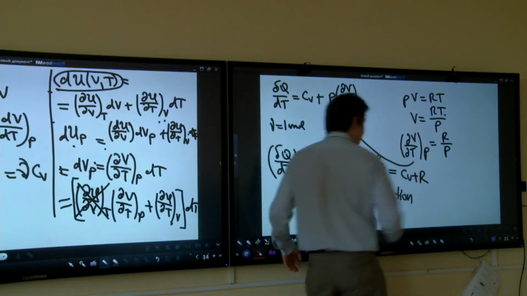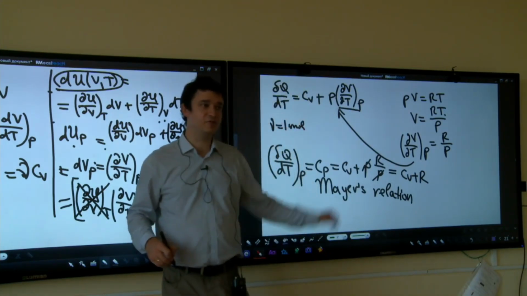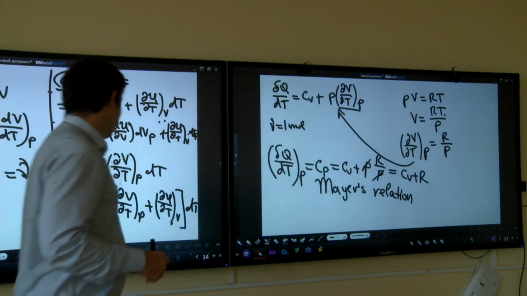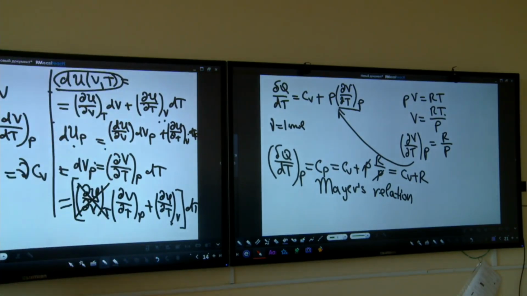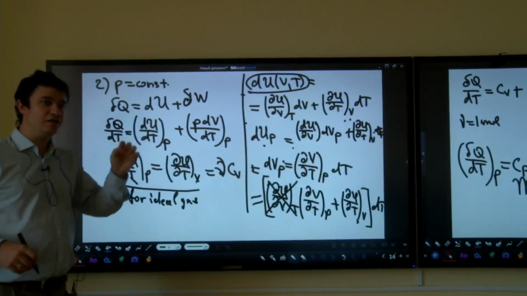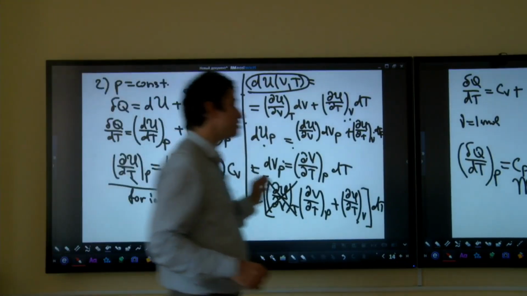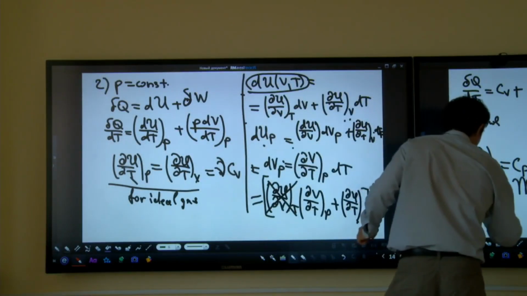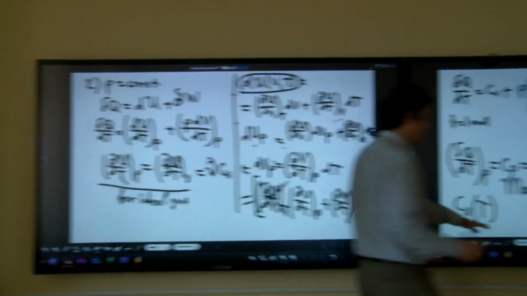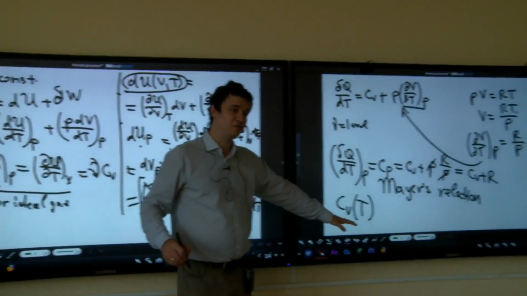And of course, it is valid only for the ideal gas. Please note the very important part here. When I do these calculations, everything remains the same if I have an ideal gas which has the molar heat capacity at constant volume as a function of temperature.